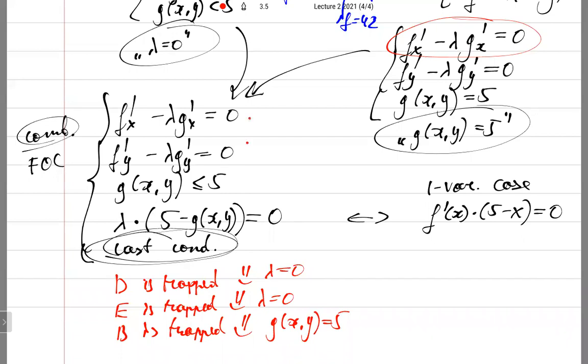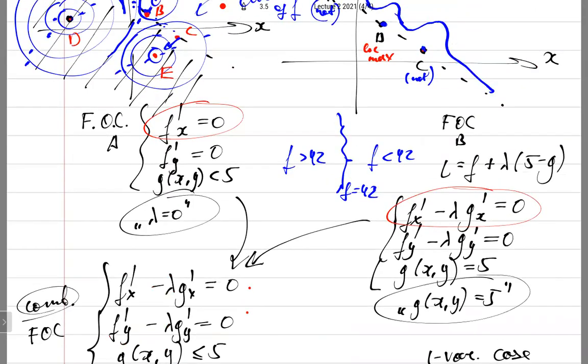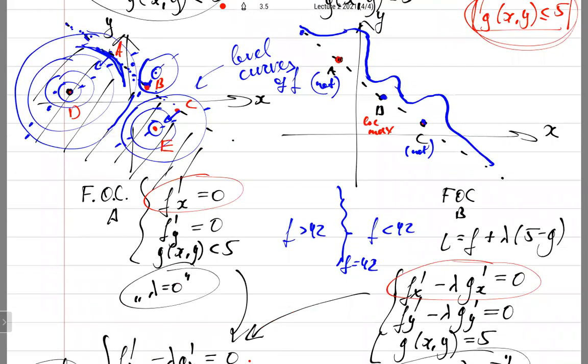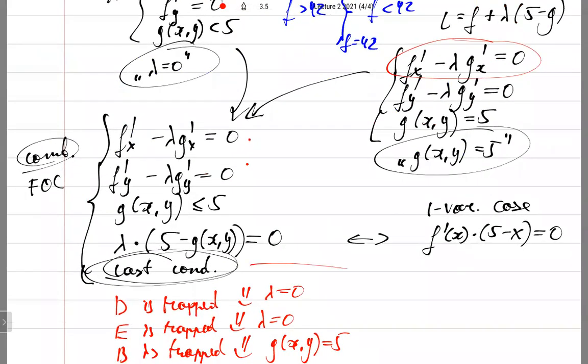The problem with our combined first order condition is that we have bad news. There are also two points, A and C, that should be excluded. They are not optimal, they are not maximal points, but we have trapped them.